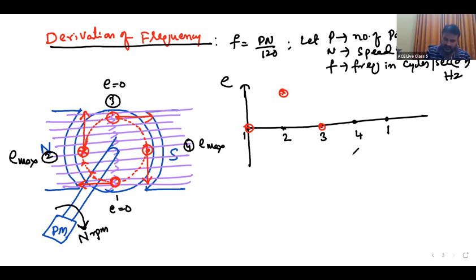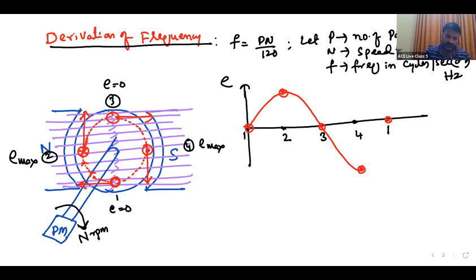At instant 4, the induced EMF is maximum again; of course it is a dot. The conductor is moving perpendicular to the flux lines. At instant 1, again 0. If you join all these points, it is AC.